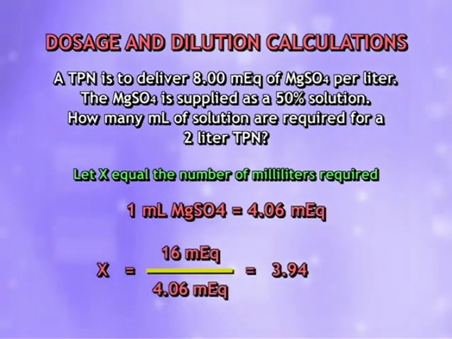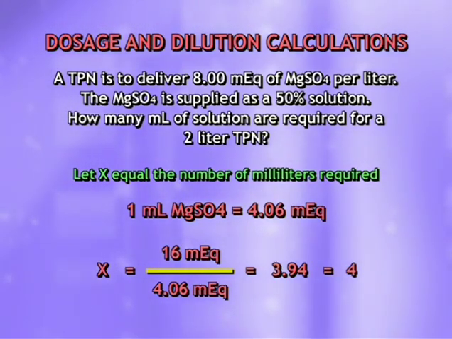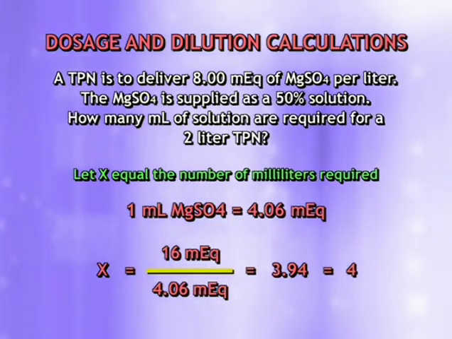The answer is 3.94 milliliters. Because there are no decimal places in the expressions involving liters, this is rounded off to 4. Absolute understanding of these concepts is required to assure accuracy of your calculations.